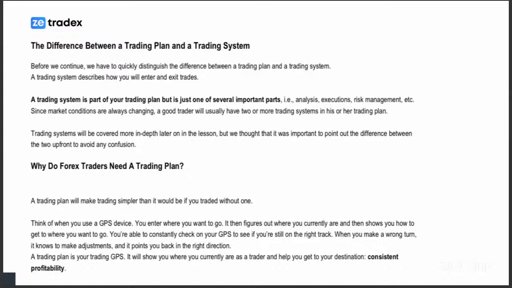The trading system is part of your trading plan because it's just one of the several important parts, that is analysis, executions, risk management, etc. Since the market conditions are always changing, a good trader will usually have 2 or more trading systems in his or her trading plan, and trading systems will be covered more in depth later on in this lesson. But we thought that it was important to point out the difference between the two upfront to avoid any sort of confusion. Now, why do forex traders need a trading plan?